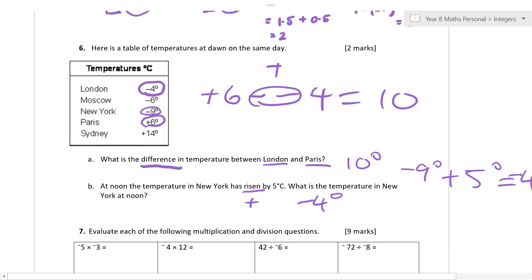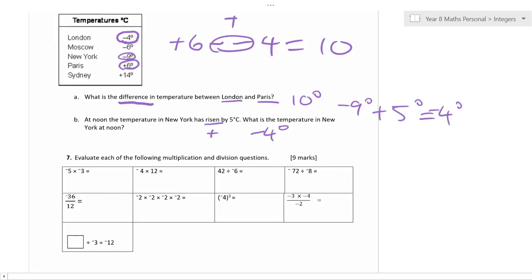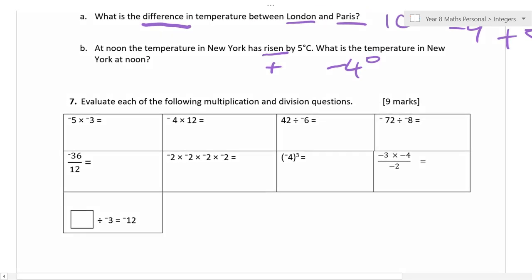Good. Abby, you've got the top row here. Did you want to maybe just talk me through it and I can write it for you? Sure. Okay, talk me through the first one. So because 2 negatives equals a positive, you just do 5 times 3, which is 15. Yeah, fantastic.